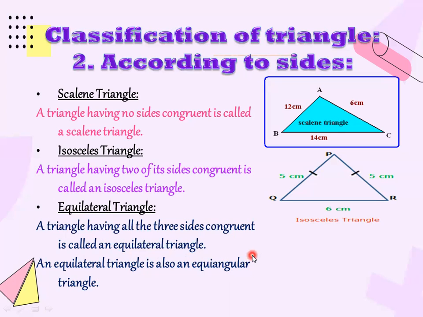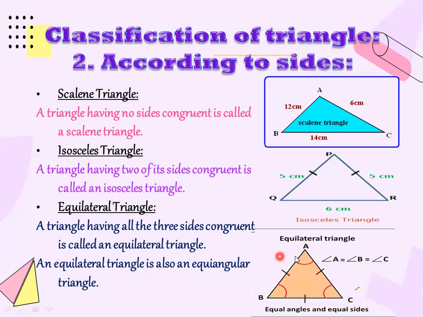Now, let's consider this figure. The measurement of this side will be 3 centimeter, this will also be 3 centimeter, and this side will also be 3 centimeter. So if all the sides are equal, you will say that the given triangle is an equilateral triangle. An equilateral triangle is also equiangular, meaning equal angles.